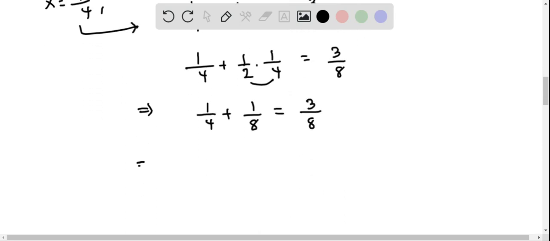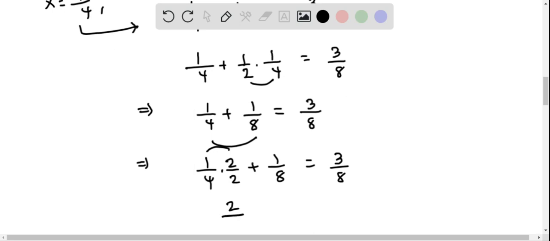Now we have to simplify the left side fraction. Here the common denominator is 8. So I multiply and divide the first fraction by 2, plus 1/8, and this should equal 3/8. So this 2 will get multiplied. 2 times 1 is 2, and 4 times 2 is 8, plus 1/8, and this equals 3/8.